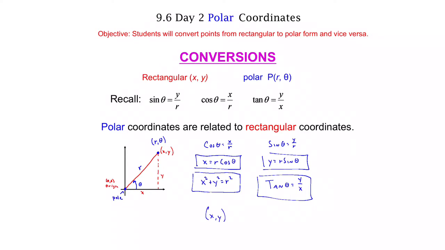Also, I think it's important to recognize that the point x comma y can now also be written as r cosine of theta and r sine of theta. And all I'm doing is replacing the x and y using our two equations up here. So this will be the information that we will need as we convert from one form to another.